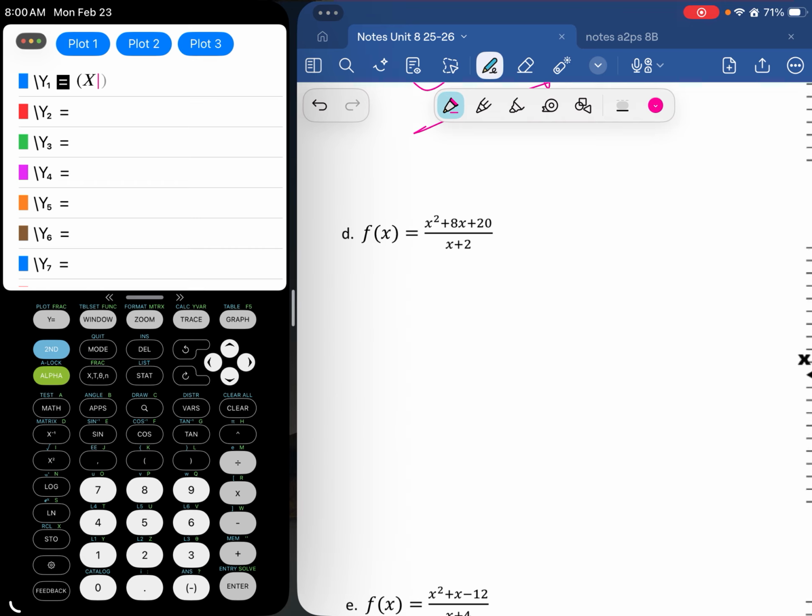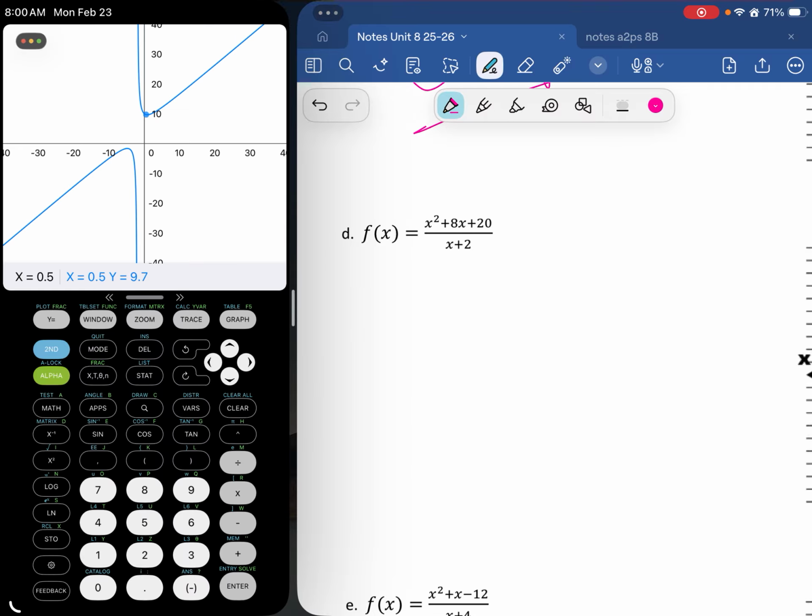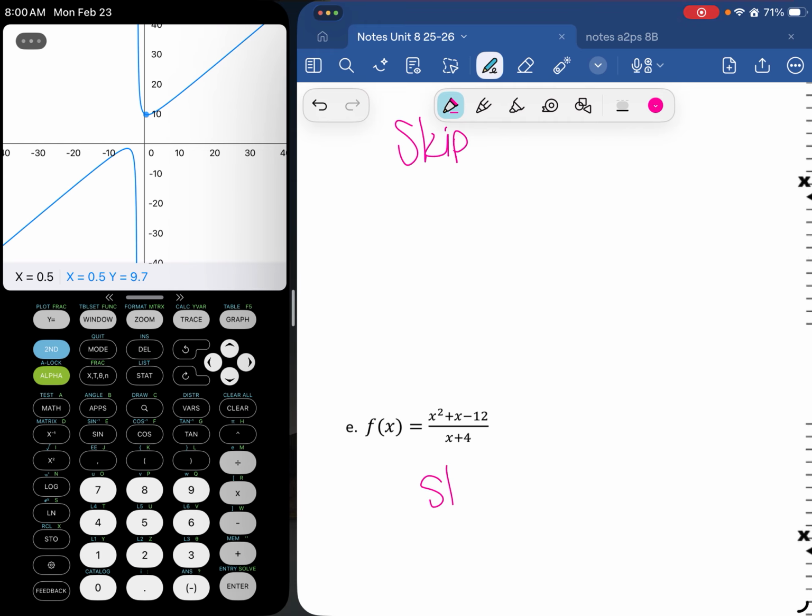We might have to just jump to our homework. I did homework first last night, so if that's the case, then that's what we'll do. But I don't think it has an oblique. I'm hoping it doesn't have an oblique. Oh, no, it does have an oblique too. Yeah, we're going to skip this one as well. We're going to skip all these because these all have obliques.